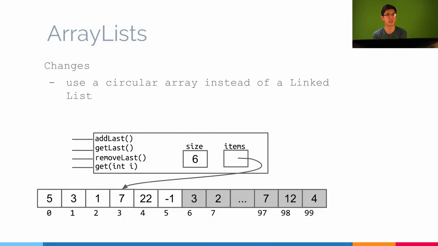So onto array lists. Everything that we talked about from int list to doubly linked list can be thought of as belonging to the linked list family. Alternatively, there's another way to implement lists, and that's through arrays. Instead of having a linked list as your internal data structure, with an array list the internal data structure is just an array, specifically a circular array.